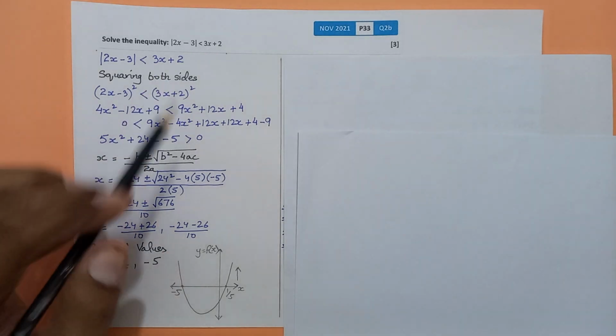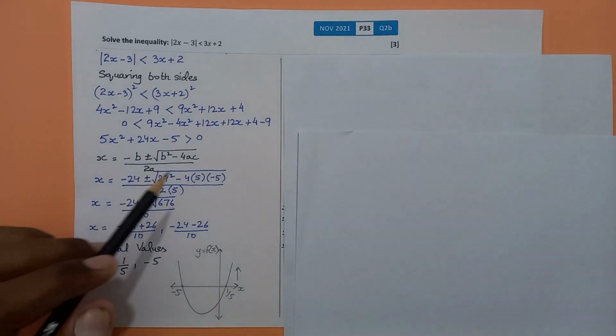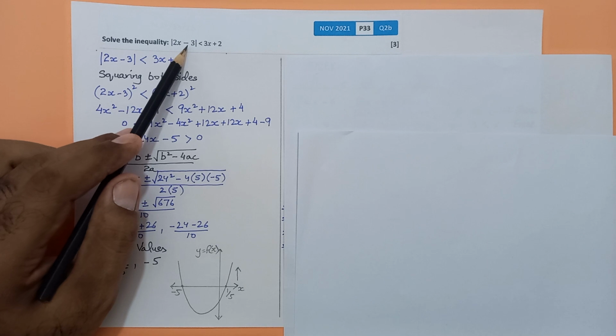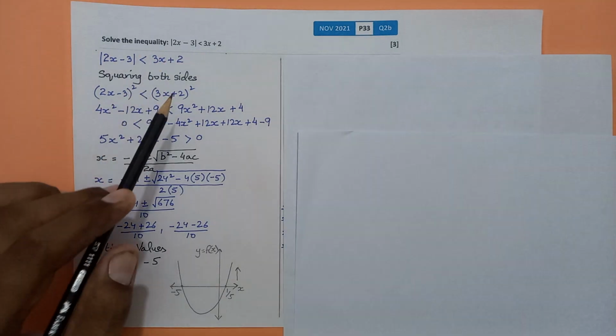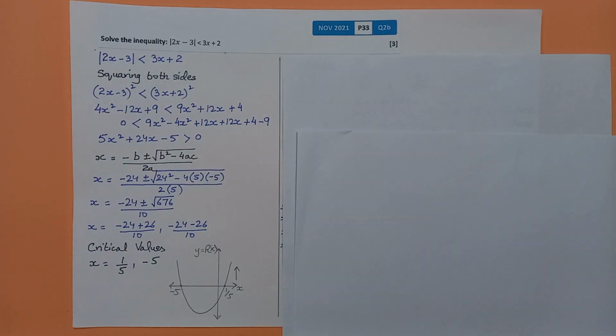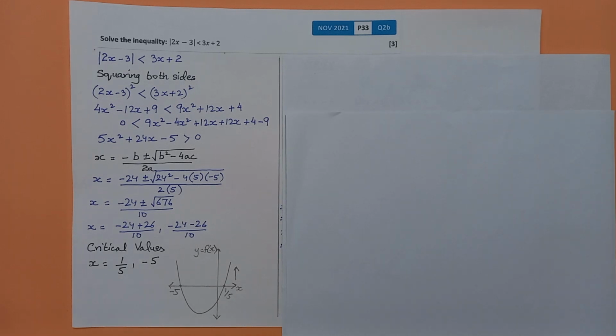So in this particular question we just have a modulus on just one side of the inequality, because if we had the modulus on both sides of the inequality, then we would have done something else.